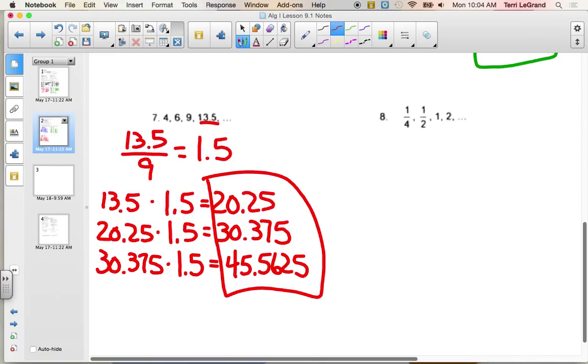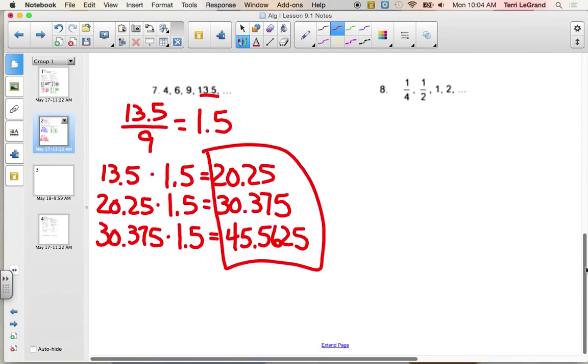Check me out, make sure I'm right. Okay. Any concerns about that one at all? Why do we do it in decimal form? Why didn't we use 1 1/2 or 3/2? Yeah, there's a decimal in the sequence.